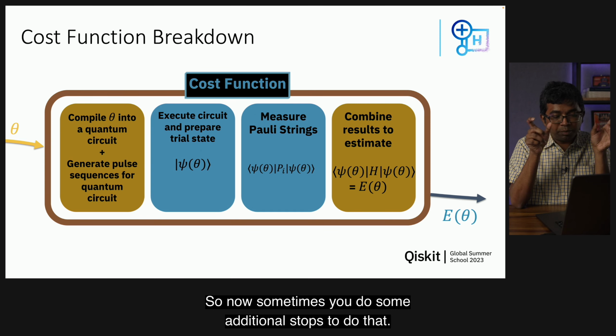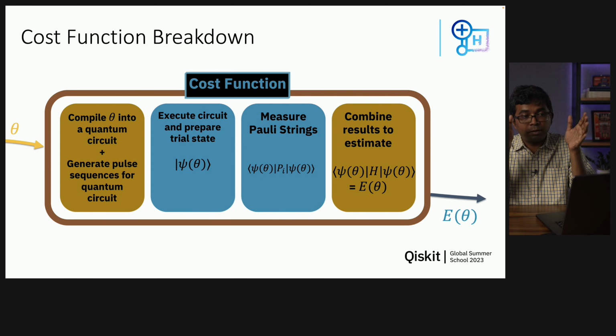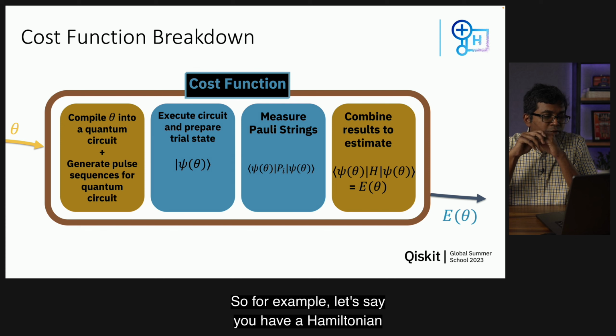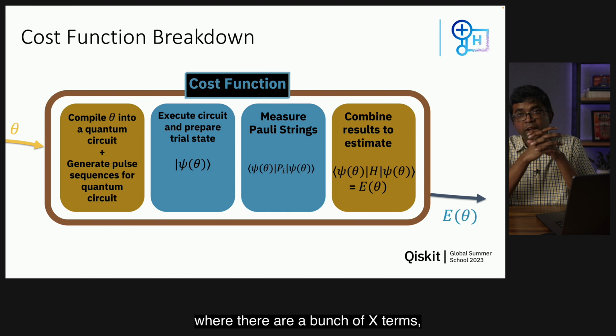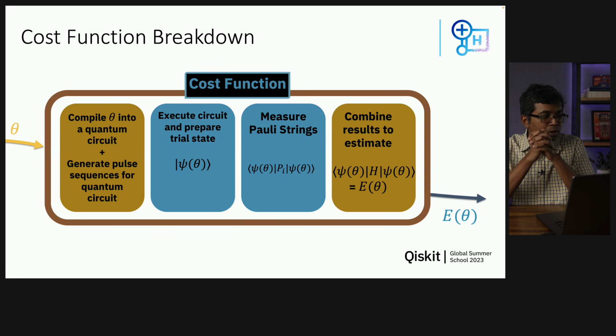Now sometimes you do some additional steps. So for example, let's say you have a Hamiltonian where there are a bunch of x terms, a bunch of y terms, a bunch of z terms.